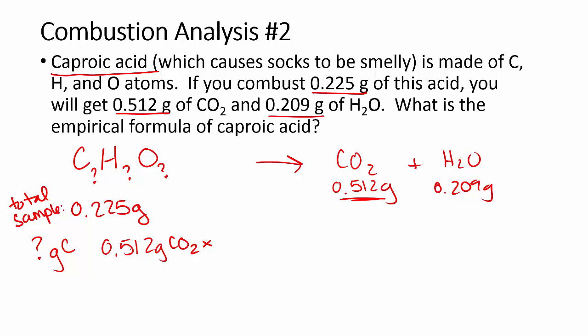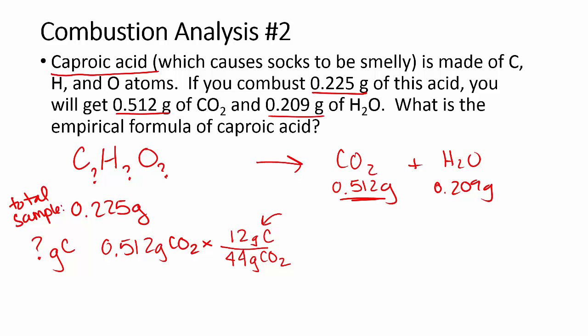So you could say, I've got 0.512 grams of carbon dioxide, and what percent of that carbon dioxide is pure carbon. And the way that I would find a mass percent is I take the mass of the part, which is 12 grams, divided by the mass of the whole sample, which is 44 grams. So this would be how we'd find the mass percent of carbon in CO2.